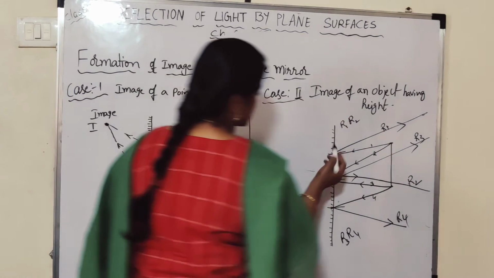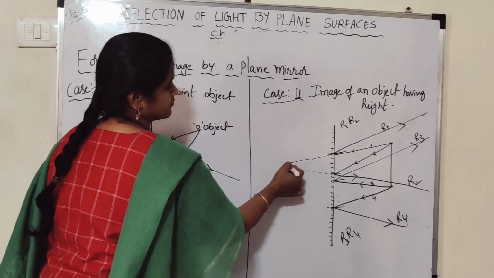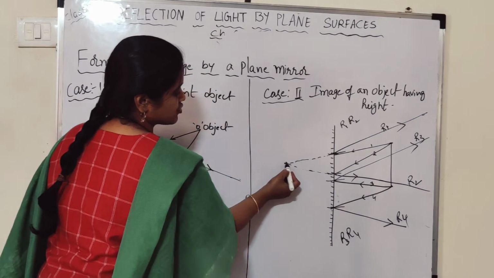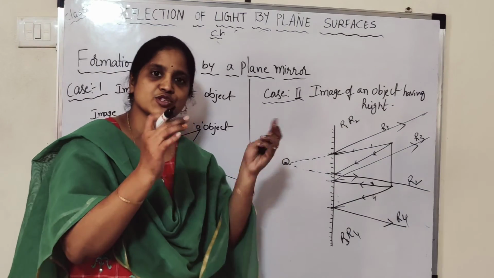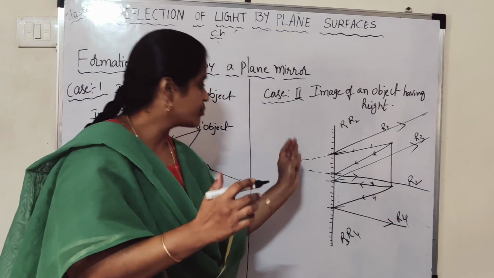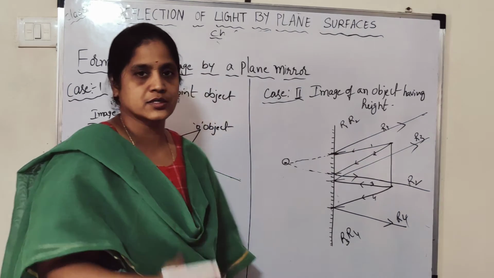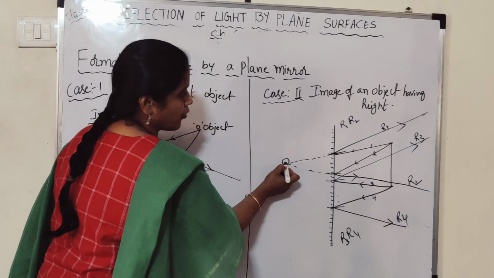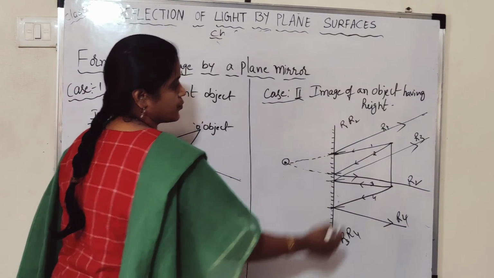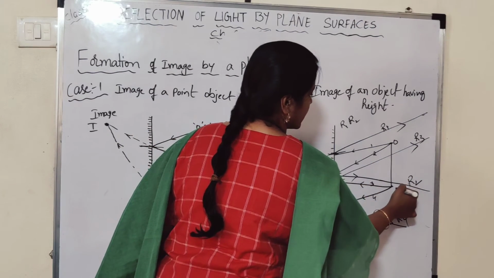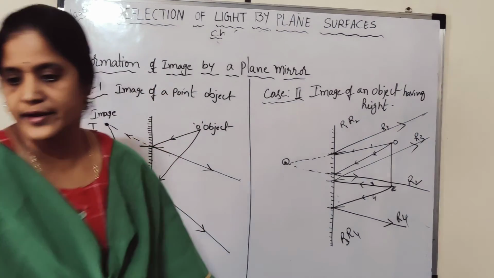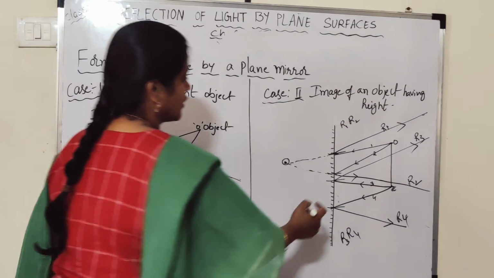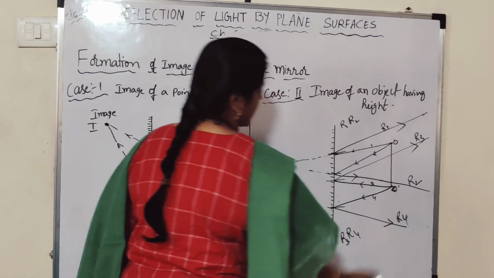When you extend backwards, this seems to be coming from one point, from behind the mirror. Suppose this is the object O and O dash.